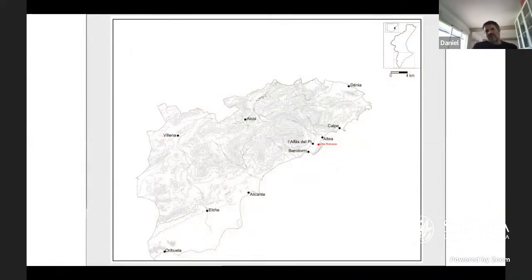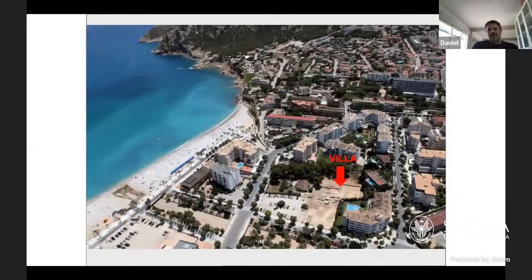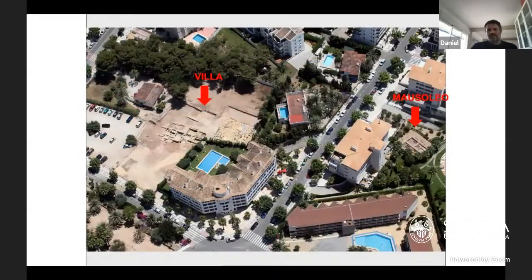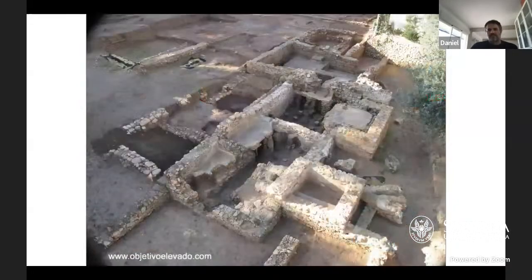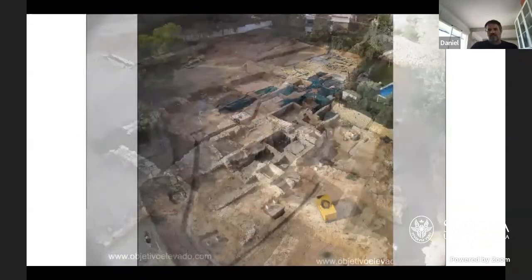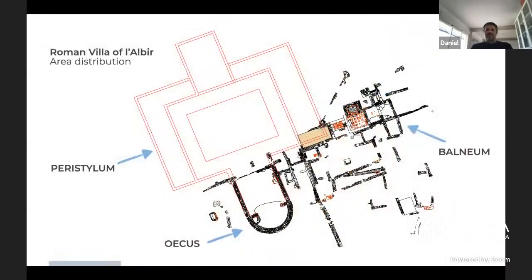Here we can see a map with the exact location of this Roman villa, and different aerial photographs in which the architecture of the town and the villa can be seen. And a general plan of the villa.